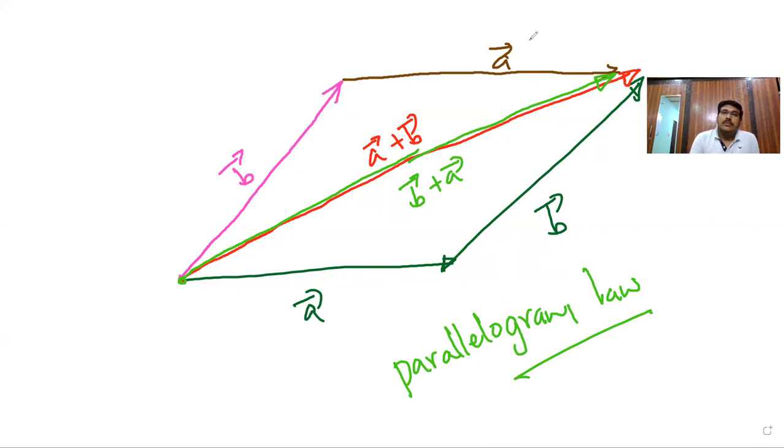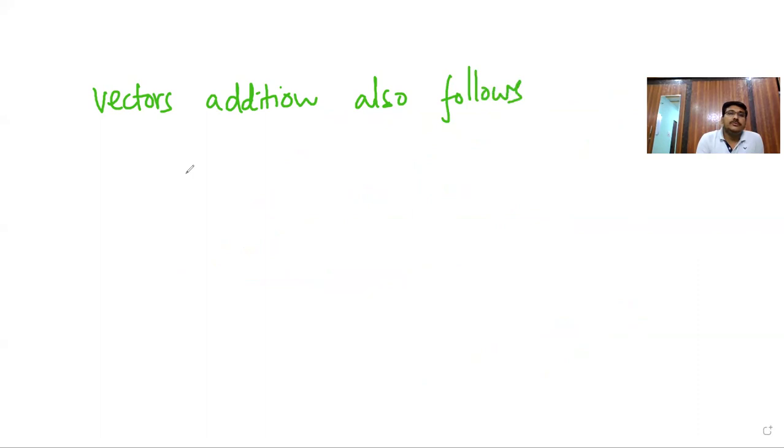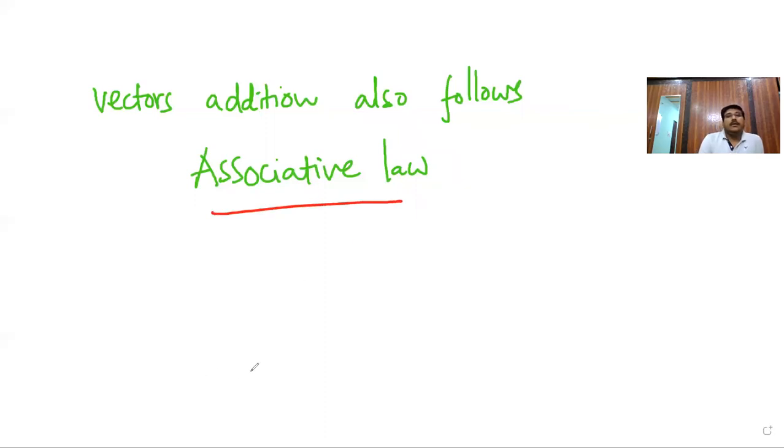Now, let us see vectors addition. Vectors addition also follows associative law. Here, not only commutative law, associative. What is associative law?